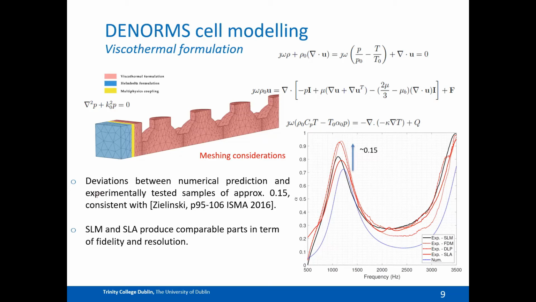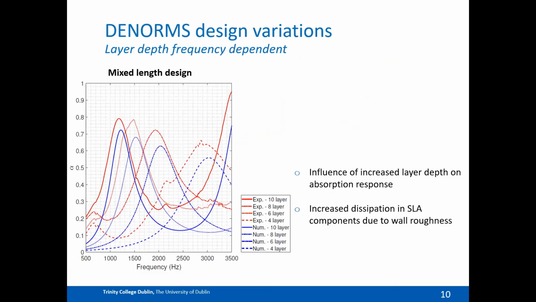SLM and SLA provide a closer match to predicted results, whereas the acoustic behavior obtained from FDM and DLP is further off due to increased roughness and microporosity, but for SLM you still have a lot of microporosity.